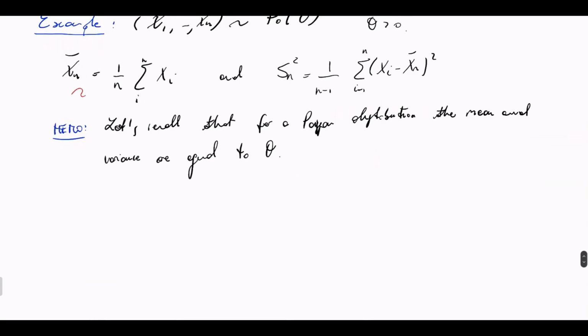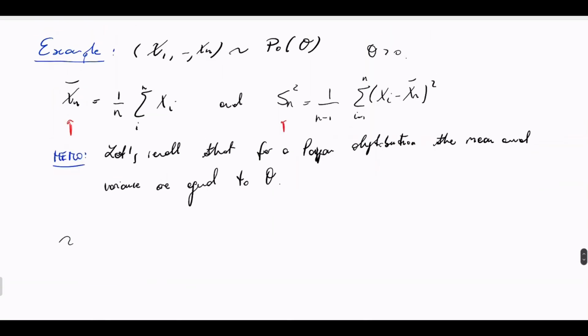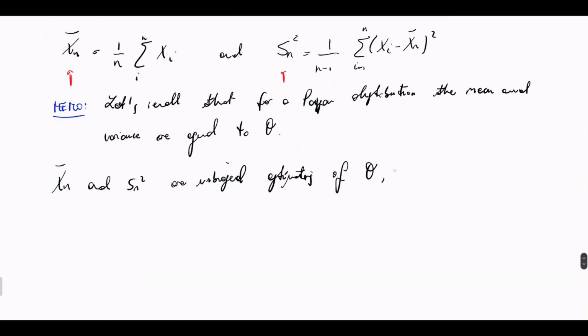To answer that question, we know, I think there's no need to prove, they're both unbiased estimators of our parameter. So let's check their variances.